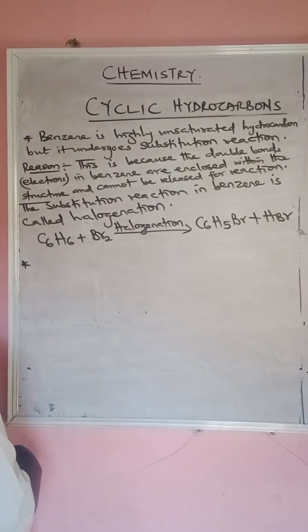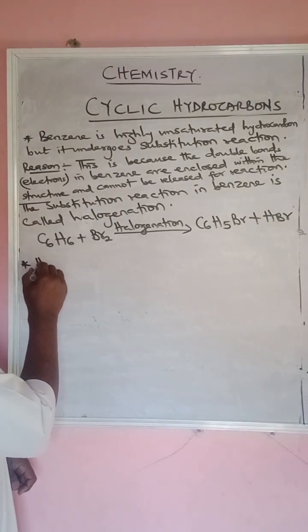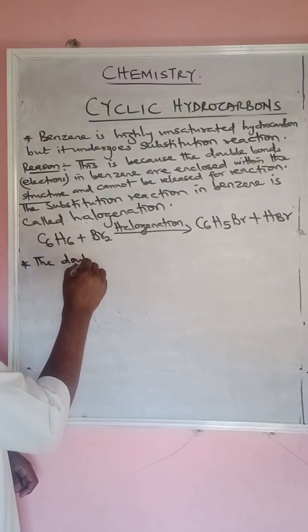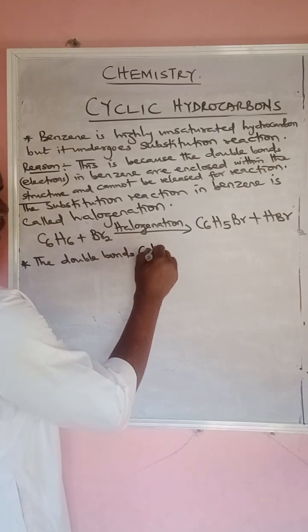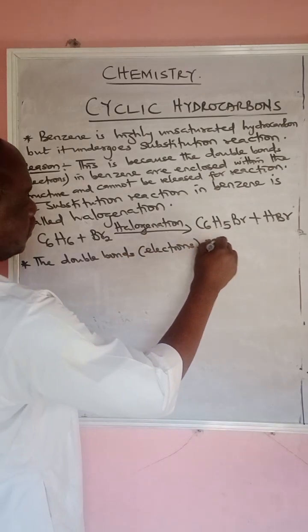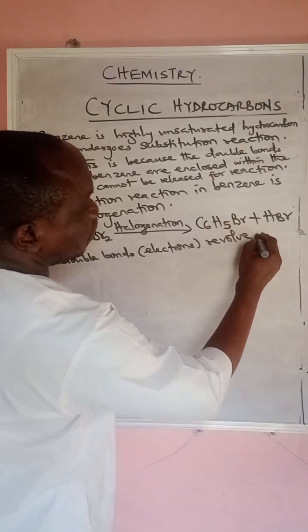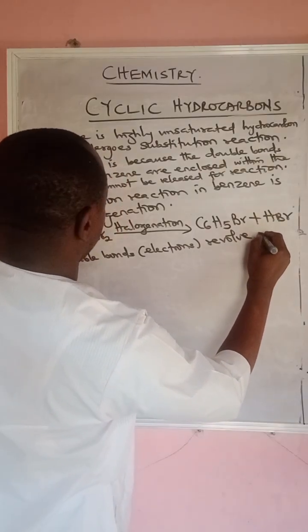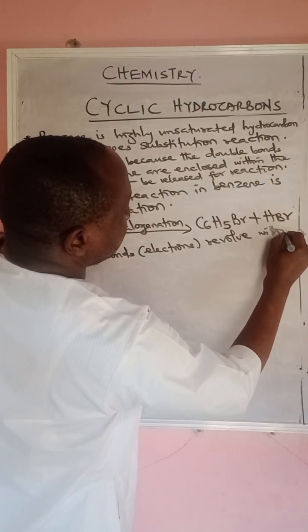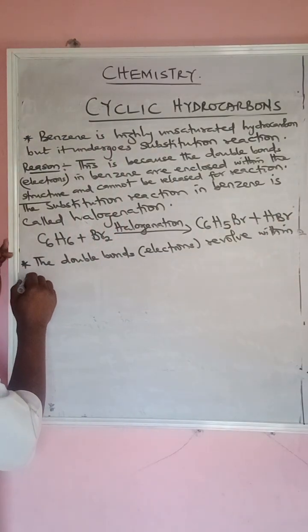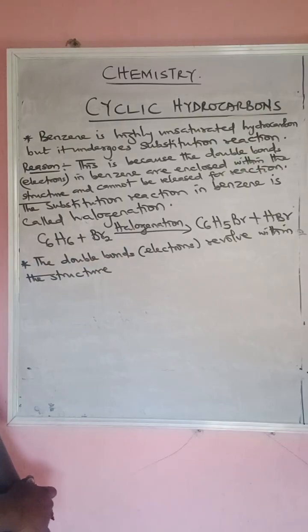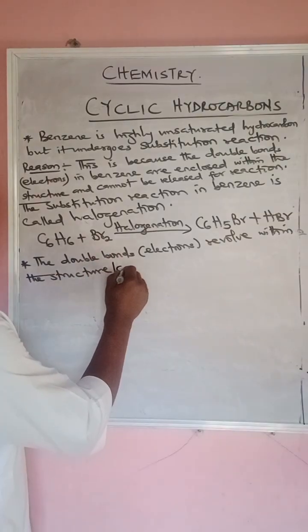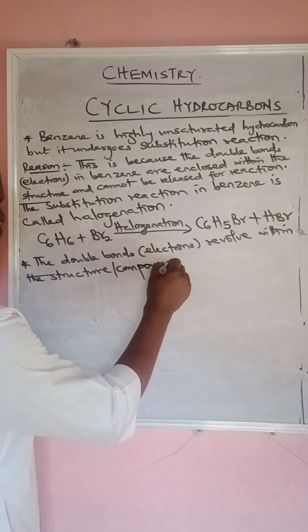Another thing you need to know here: the double bonds, or electrons, revolve within the structure or compound. I'm still talking of benzene.